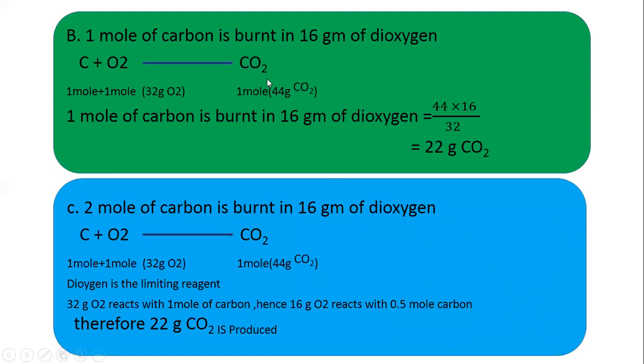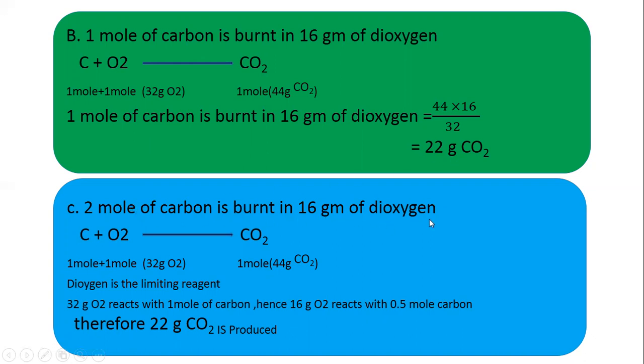C plus O2 equal to CO2. 1 mole of carbon, 1 mole of oxygen equal to 1 mole of CO2, that is 44 gram of CO2. अब देखिए यहाँ 1 मोल जो ऑक्सीजन है वो that is equal to 32 ग्राम ऑफ ऑक्सीजन है. तो 1 मोल कार्बन को जब 16 ग्राम से बर्न करेंगे तो यहाँ इक्वेशन बनेगी 44 upon 32 into 16. तो ये हो जाएगा 22 ग्राम ऑफ CO2. तो यहाँ आंसर होगा 1 मोल कार्बन when burnt in 16 gram of dioxygen, 22 gram of CO2 is produced.